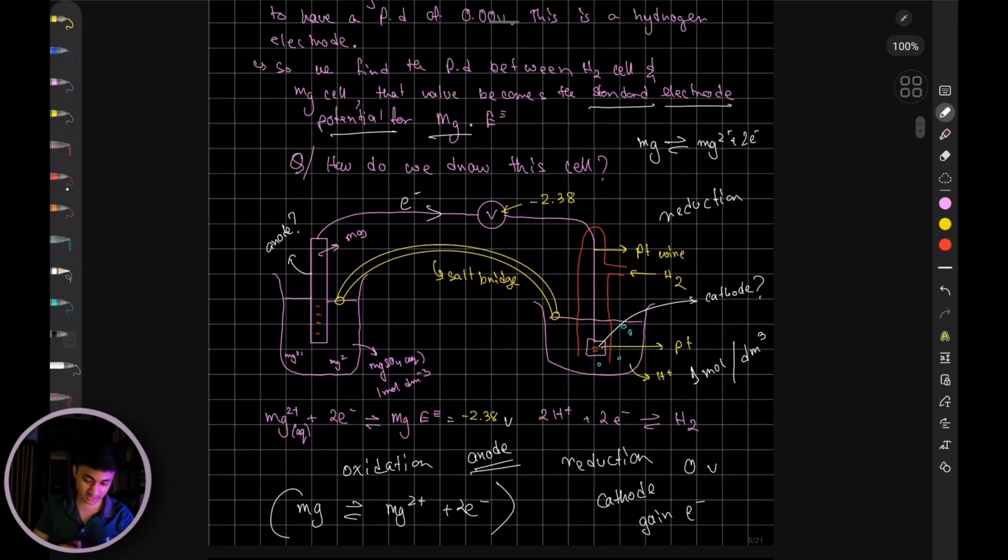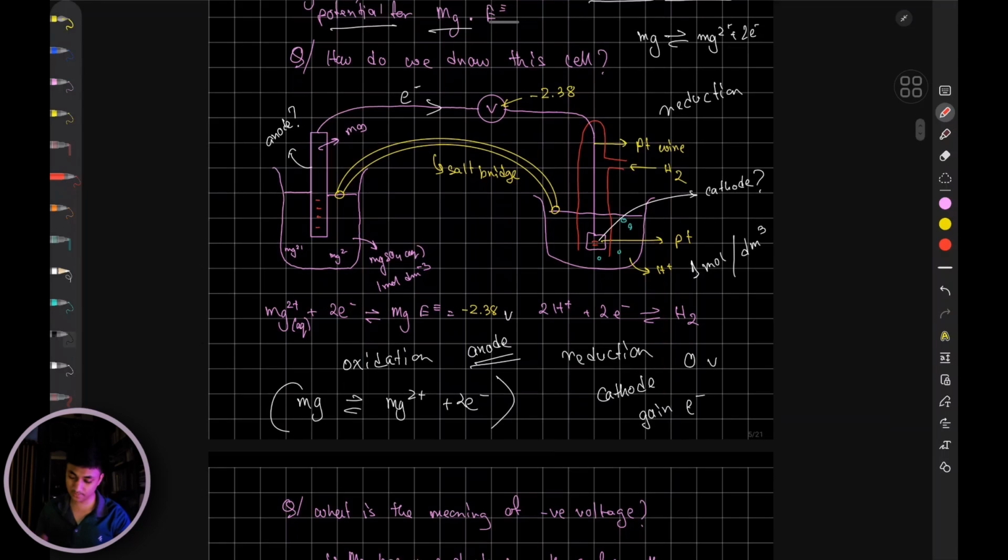So in reality, negative terminal and positive terminal. However, this is going to be your anode, where it is going to have a greater accumulation of negative charge, and you're going to see oxidation taking place, right?